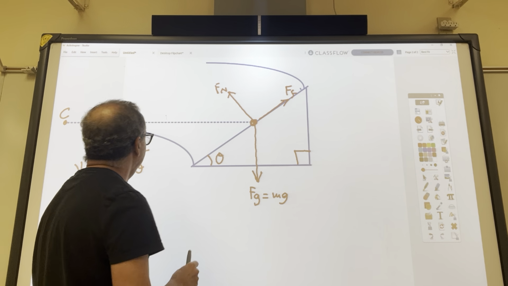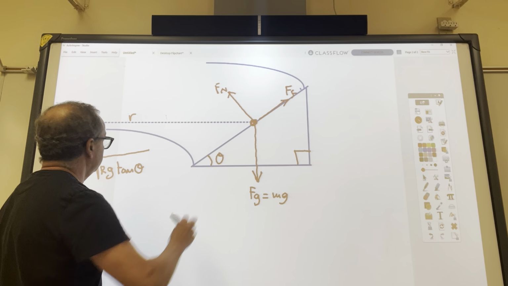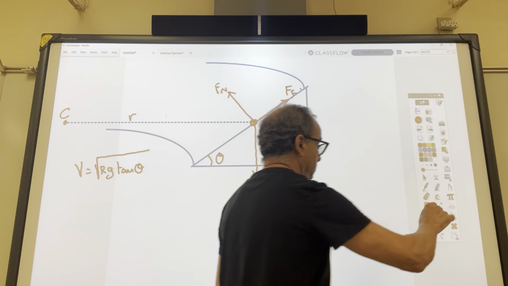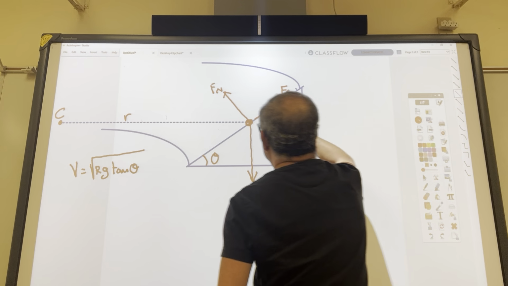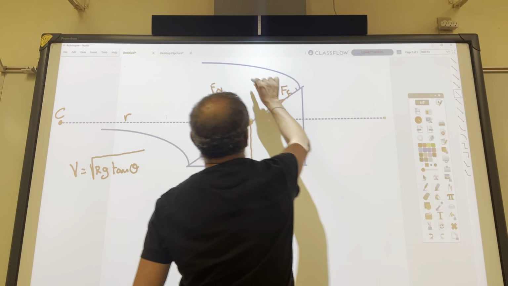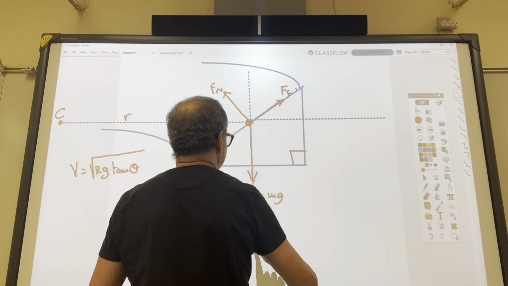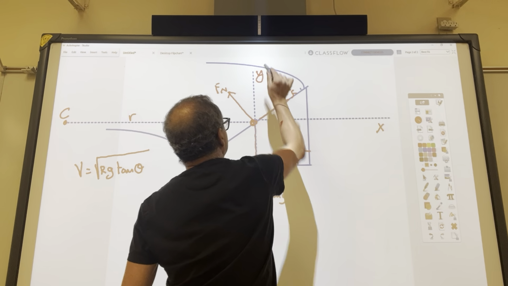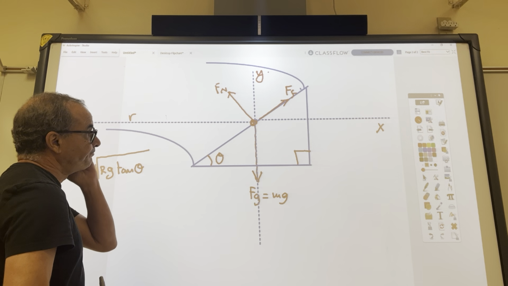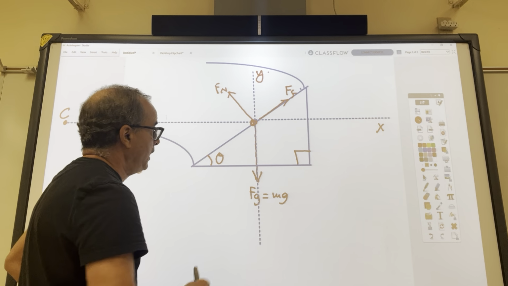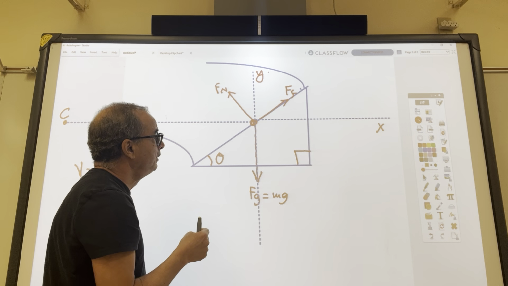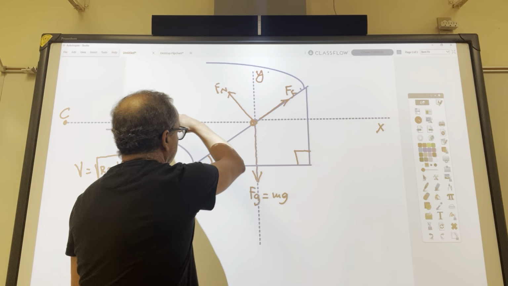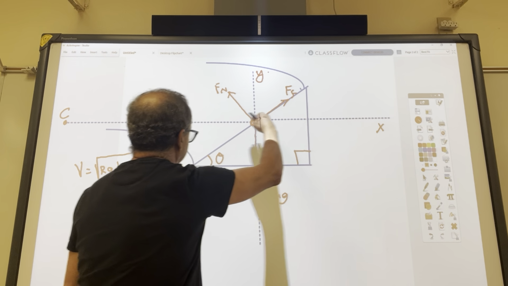Now, again, the xy coordinate is going to be in the same direction as the acceleration. So this is my x coordinate, and this is my y coordinate. Those three forces have to have an x component and a y component, because my x coordinate is in the same direction as the acceleration.